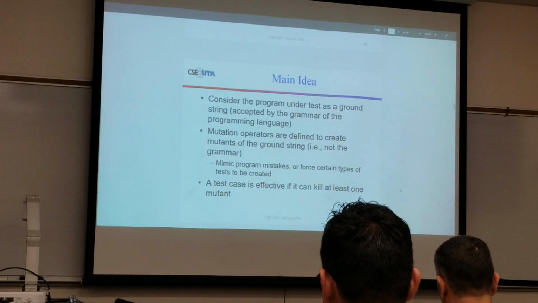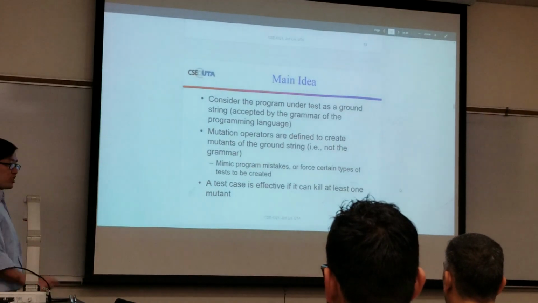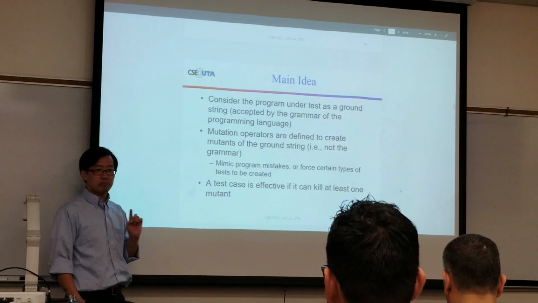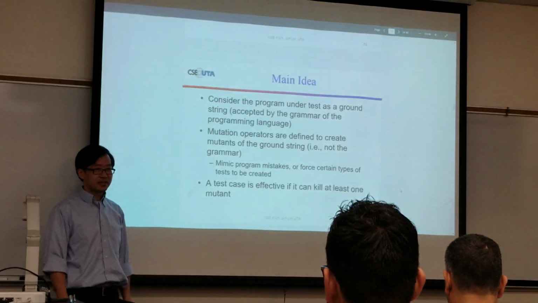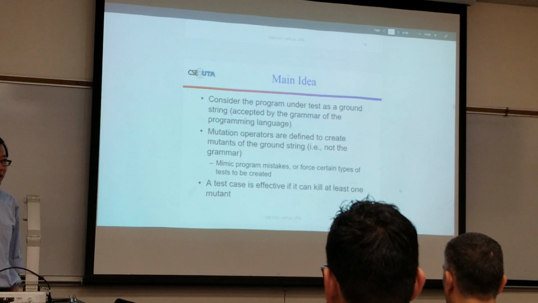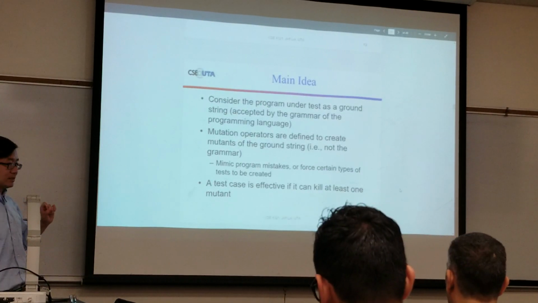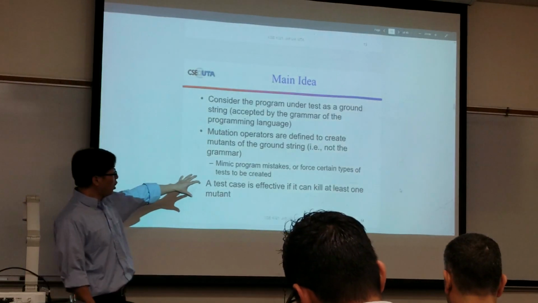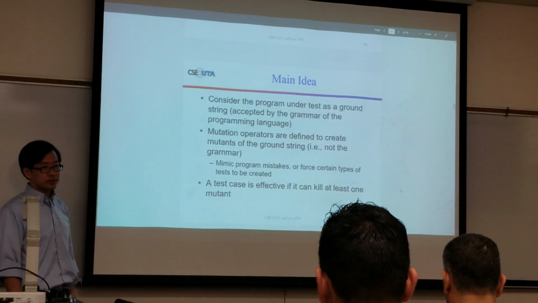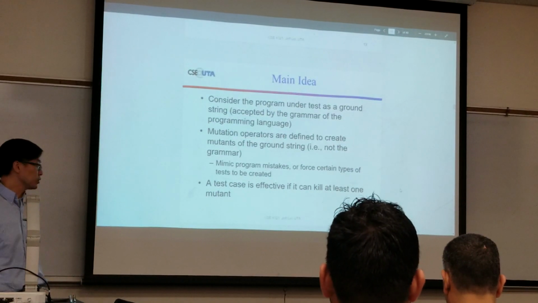So with the mutants, it's really like you're going to make a minor change to the original program, and that is a mutant. And each minor change you make basically represents a possible mistake the programmer could make. Okay. We're going to see an example of that. Or you can use mutation operators to force certain types of tests to be created. We're also going to see examples.